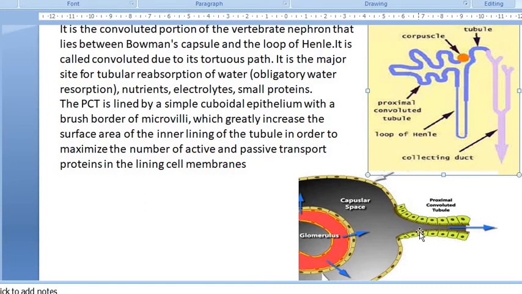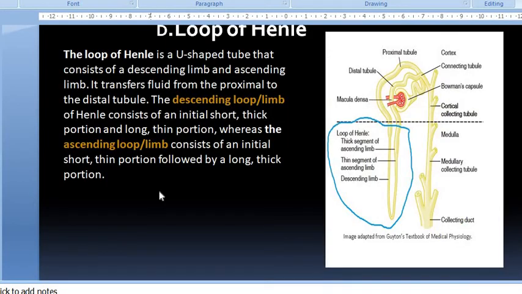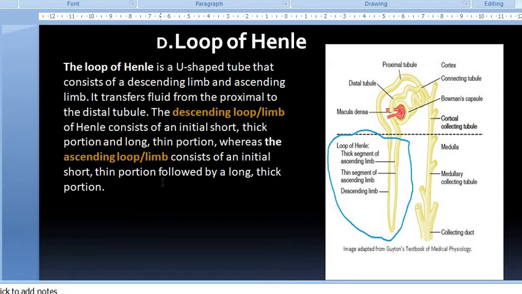It has a brush border of microvilli lining the cuboidal epithelium of the PCT, which maximizes the absorptive surface during the formation of urine. The next part is the loop of Henle.